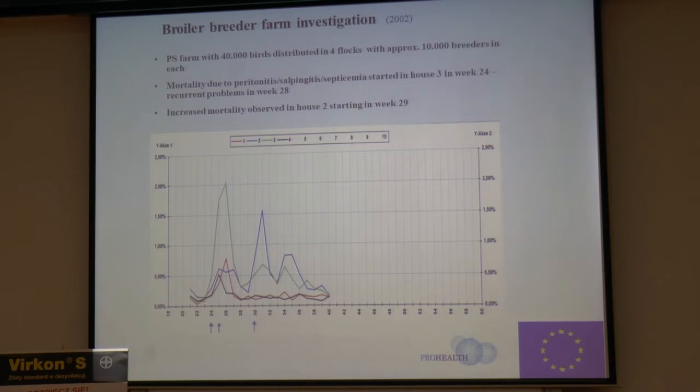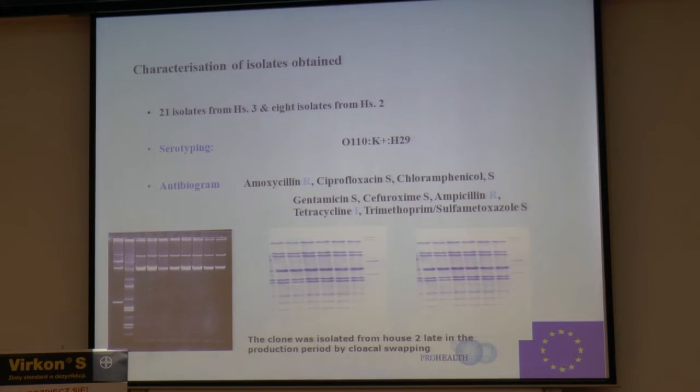Of course, indicating that this may jump between houses. And one should remember that these are farms with a very high level of biosecurity, and it was difficult for us to understand how it was transmitted to the other houses. But with these very aggressive forms of coli, we still see that it may appear in one house and later in another house on the same farm.